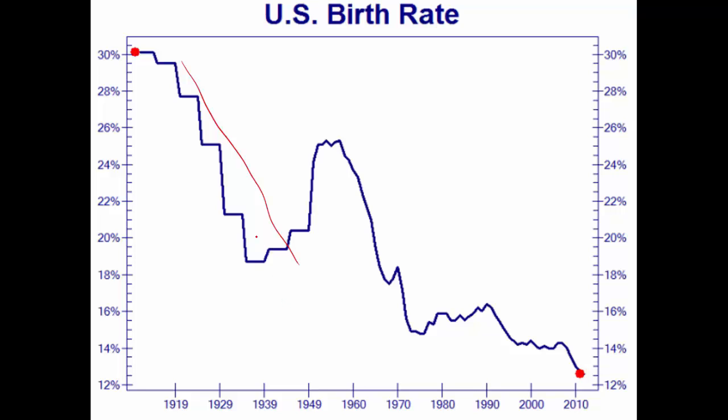This is the effect of industrialization, or maturing industrial society. In 1960, it was a full industrial society. This is after the pill, and you can see the even more rapid drop off in the birth rate.